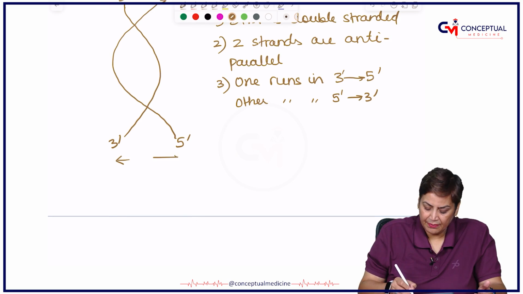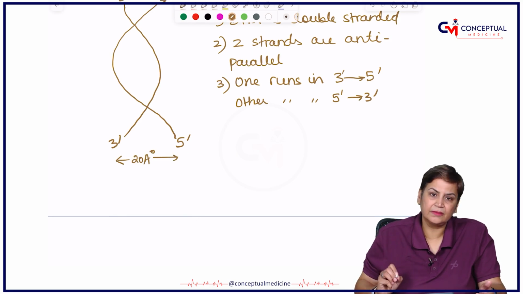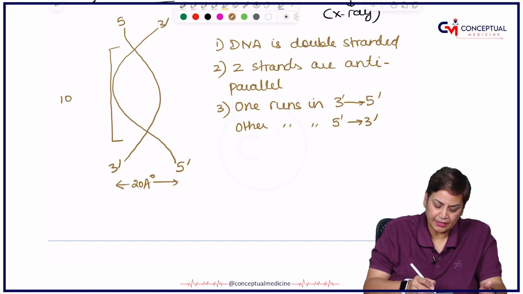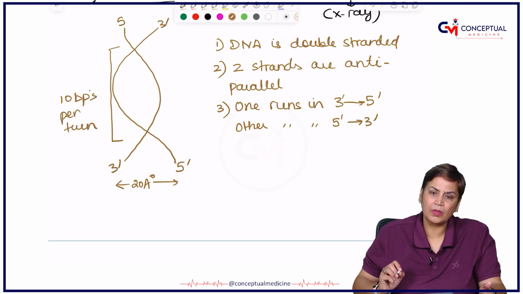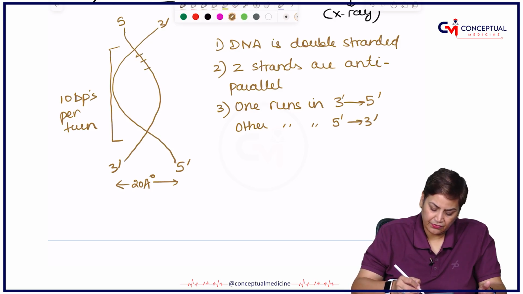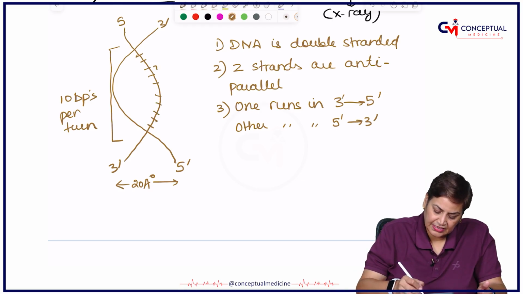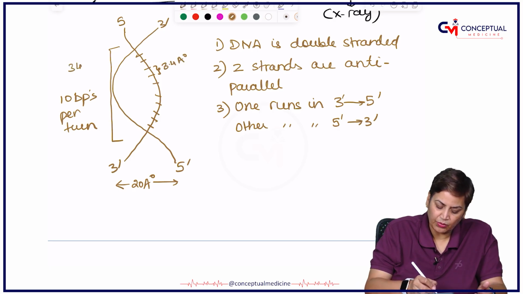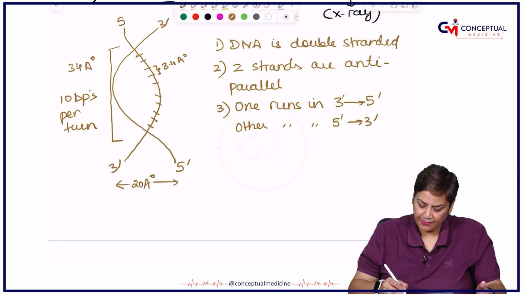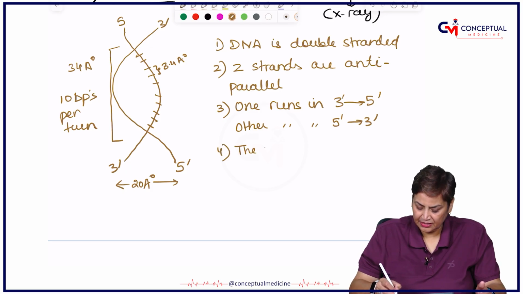Then the diameter is 20 angstroms. There are 10 base pairs per turn. Right, so we can say 1, 2, 3, 4, 5, 6, 7, 8, 9 and 10. And the distance between successive base pairs is 3.4 angstroms. Overall it is 34 angstroms. Okay, so we can say two strands are anti-parallel and the width or diameter is 20 angstroms.